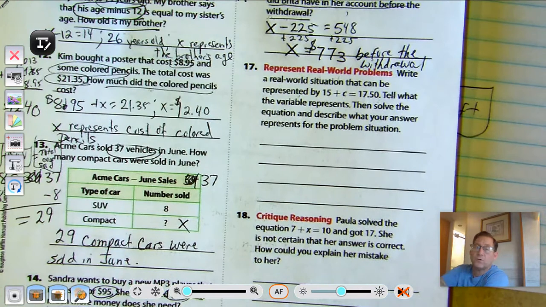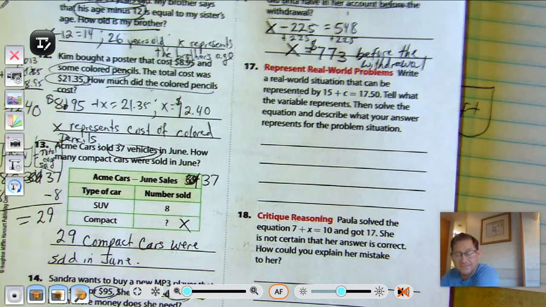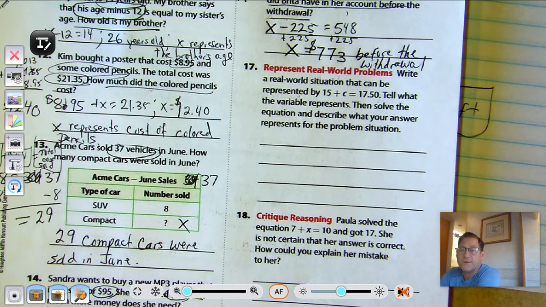All right, 17. Write a real-world situation that can be represented by 15 plus something is 1750. Tell what the variable represents, then solve the equation and describe what your answer represents for the problem situation.